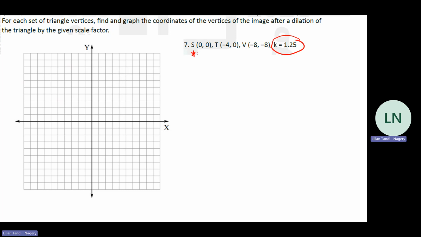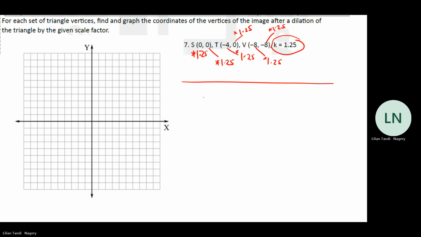Just multiply everybody by 1 and 25 hundredths. So then your S prime, T prime, V prime.